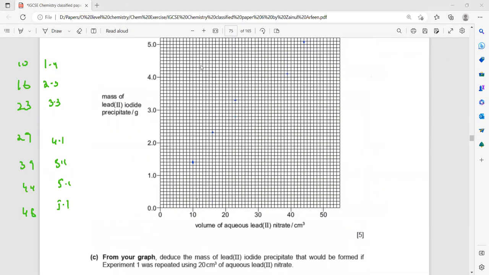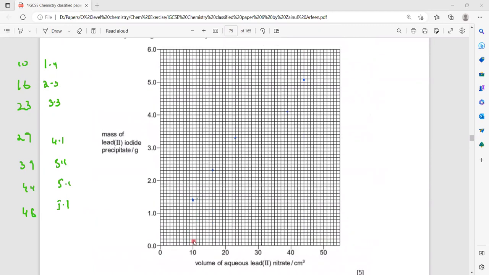So this was 10 and 1.4, then 16 and 2.3, then 23 and 3.3, then 29. Okay, there is one more: 29 and 4.1 was there. That's why this point appeared to be inaccurate.